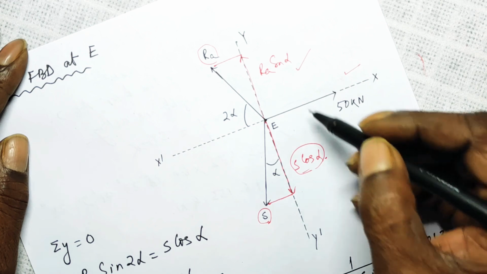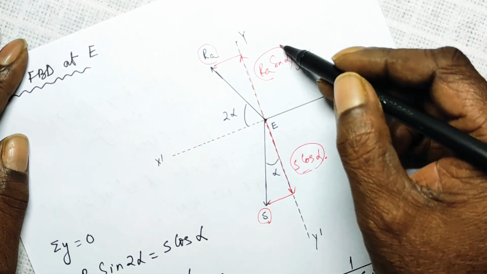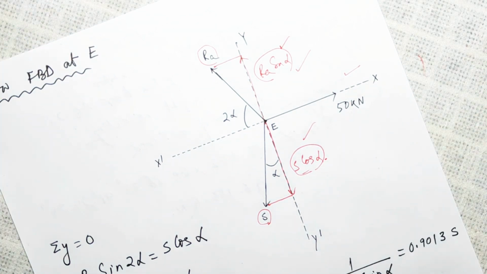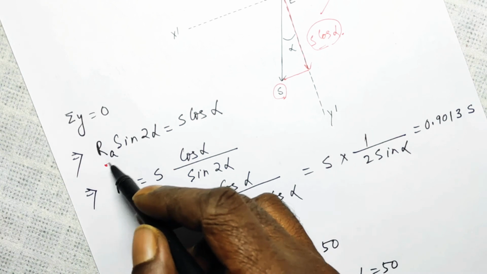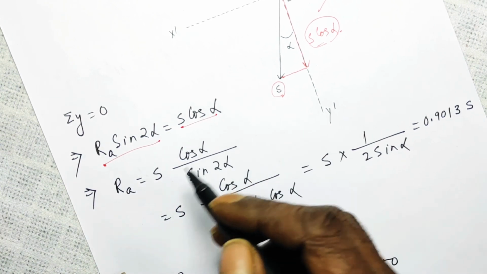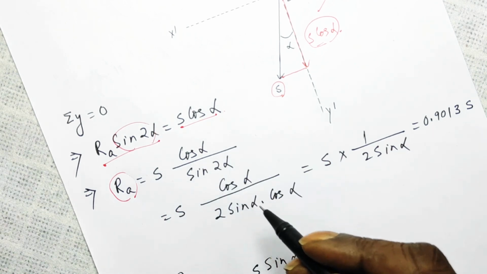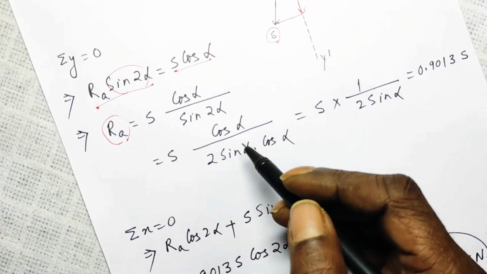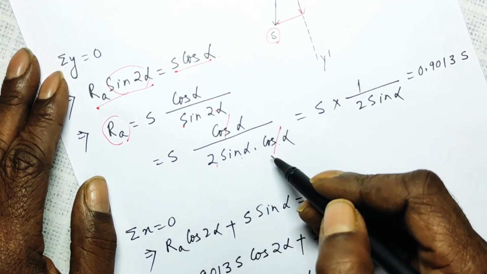So S times cos alpha and RA times sin alpha are already opposite to each other. So if their numerical values are equal, then sigma y will be 0. So RA sin 2 alpha is equal to S times cos alpha. So RA is equal to, sin 2 alpha comes to the right hand side. Since we know sin 2 alpha is 2 times sin alpha cos alpha, this cancels.